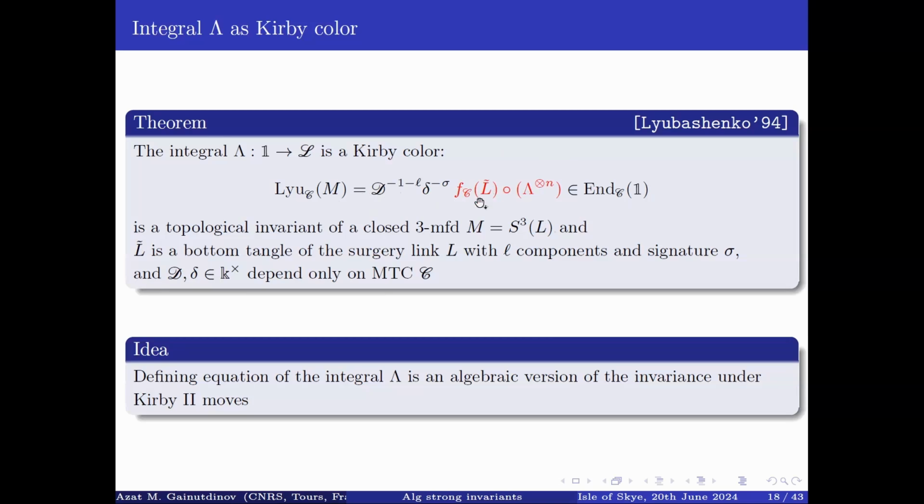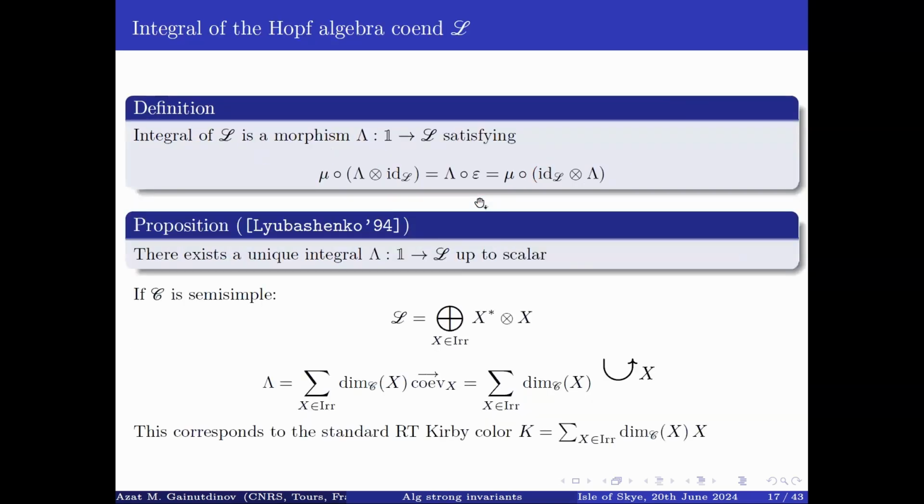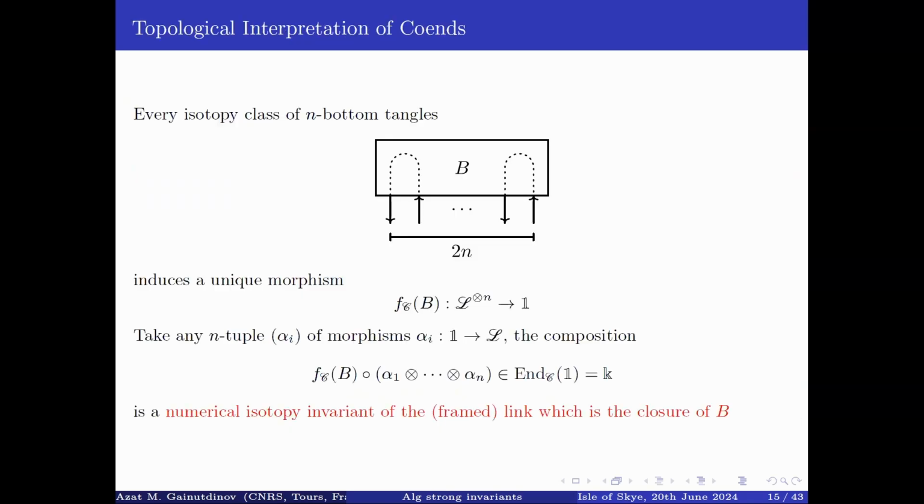So what is this F_L twiddle? I defined it for you previously, right? It's a Reshetikhin-Turaev type map. We take a link, we cut its components, and it gives me a morphism from the tensor unit 1.